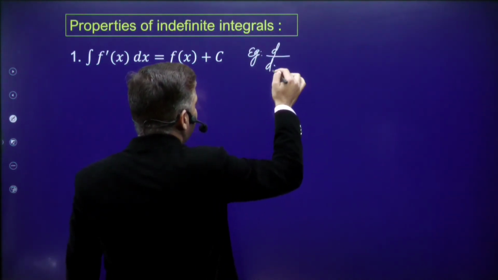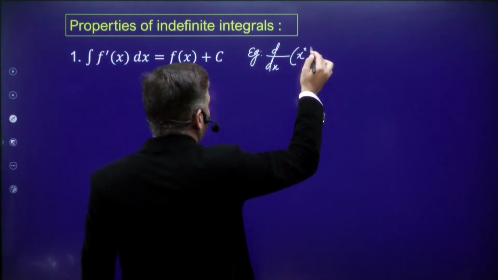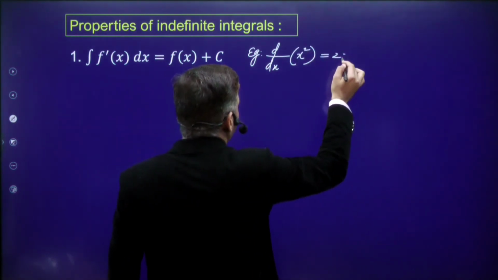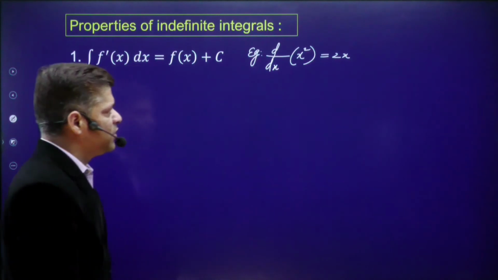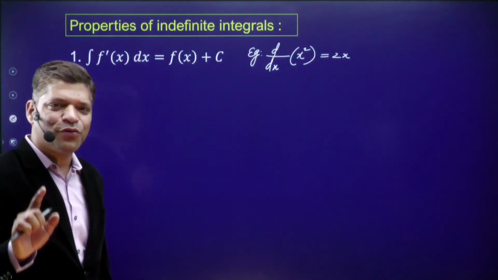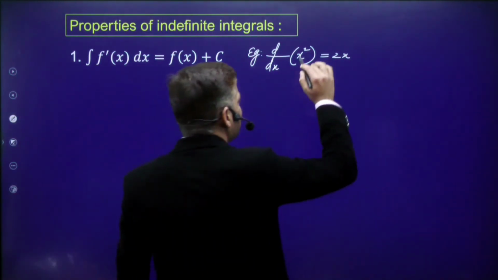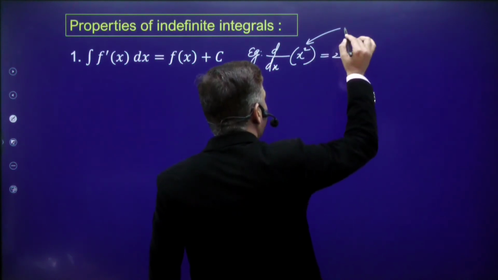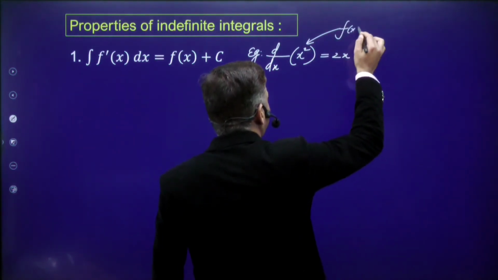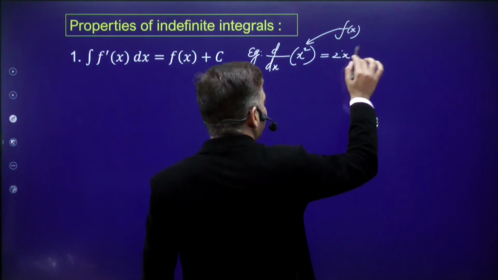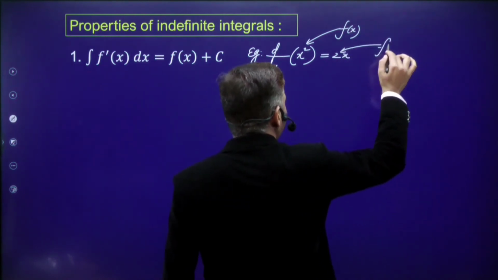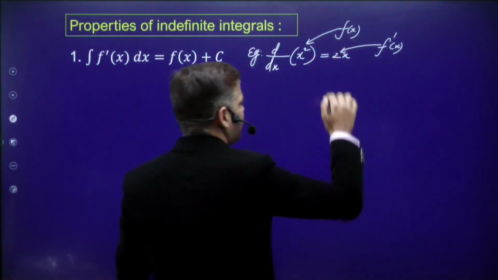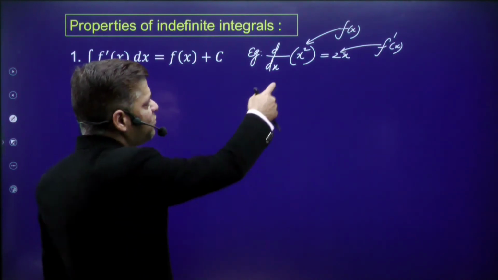As we know, the differentiation of x square is equal to 2x. Now this x square plays the role of small fx, and this 2x plays the role of f dash x. What is x square?